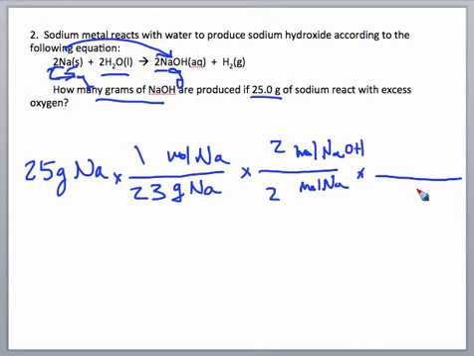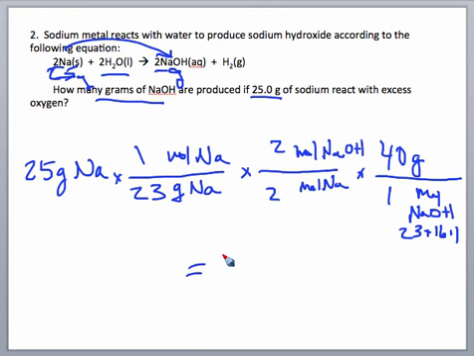So we're going to put moles in the denominator. Add up the molar mass, and I believe that is 40 grams per mole. 23 plus 16 plus 1. Yes. All right. So anyway, do the math there, and you wind up with 43.5 grams of sodium hydroxide.